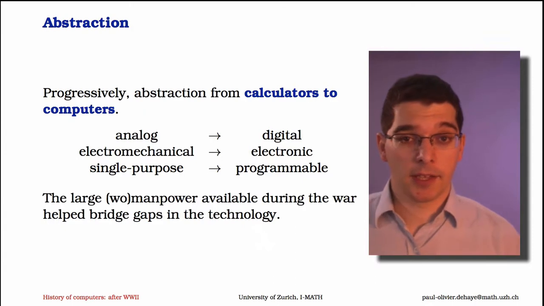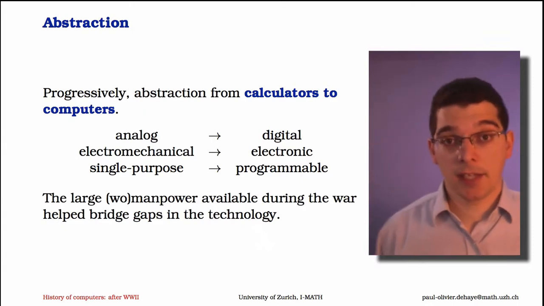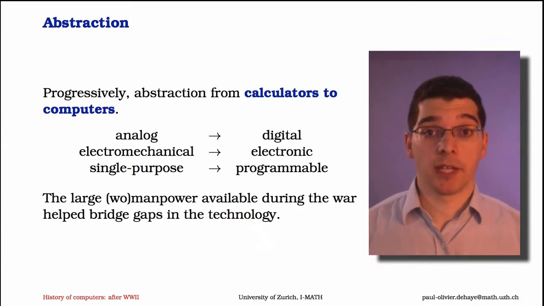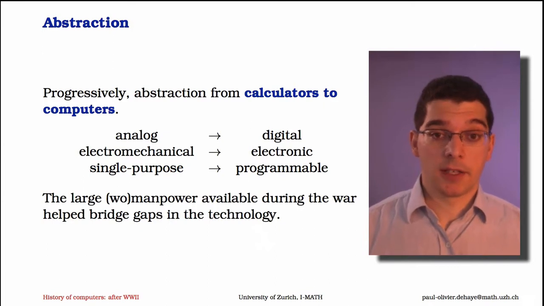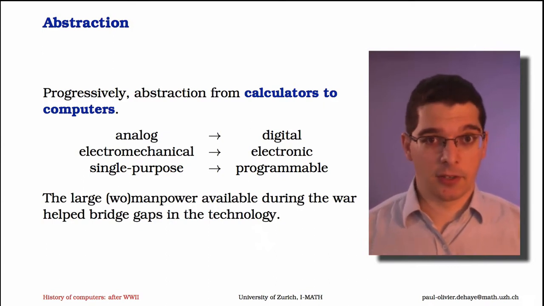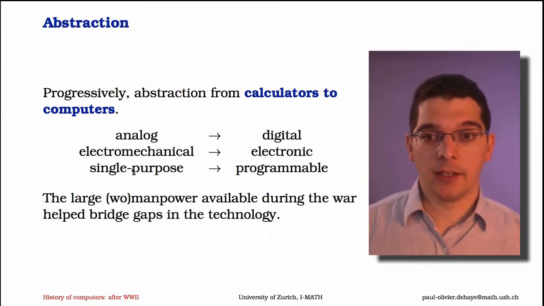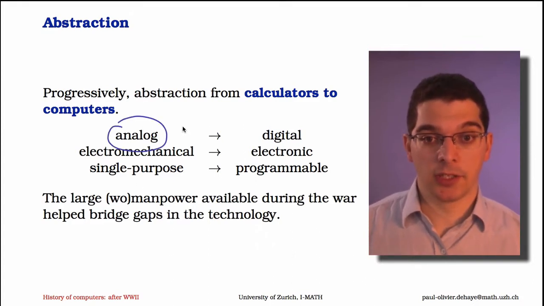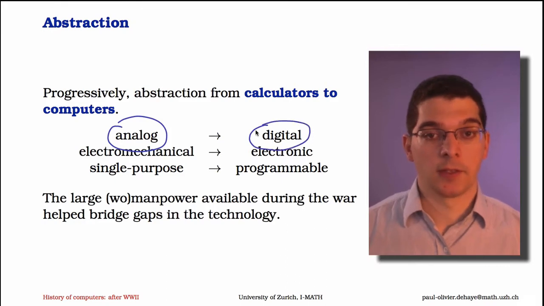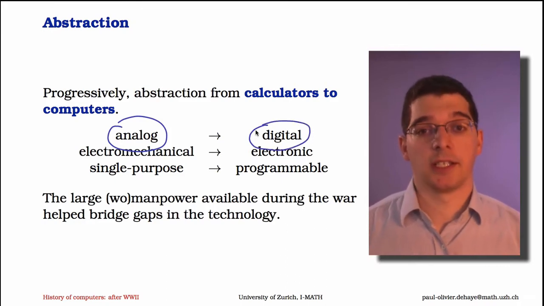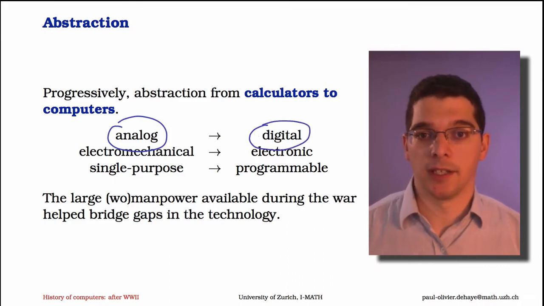Okay, so many things happened here. The main thing that happened was the abstraction, going from calculators to computers. And some other steps that are interrelated happened as well. We went from analog machines to digital machines. So the positions that those objects could be in were discretized.